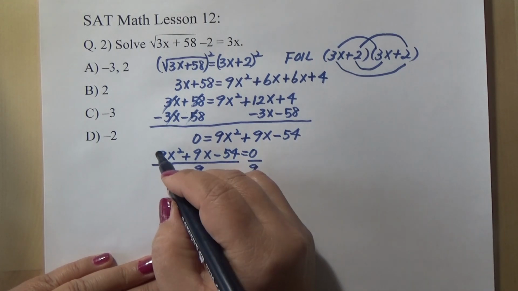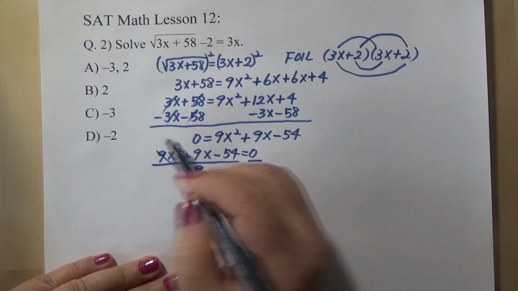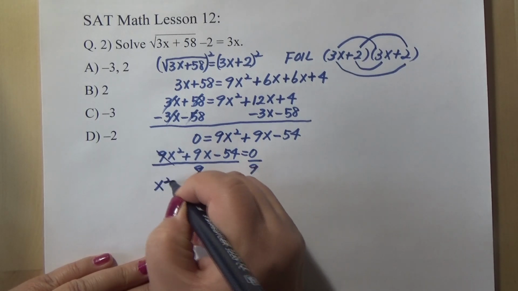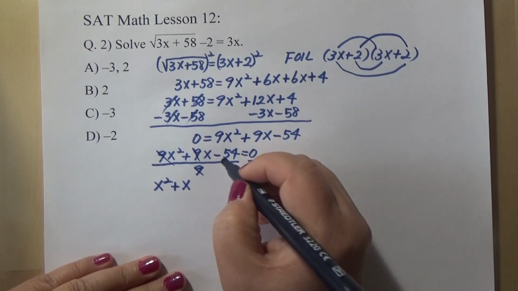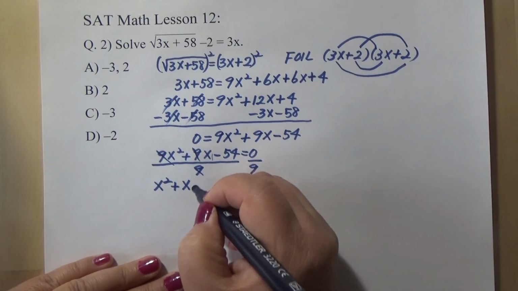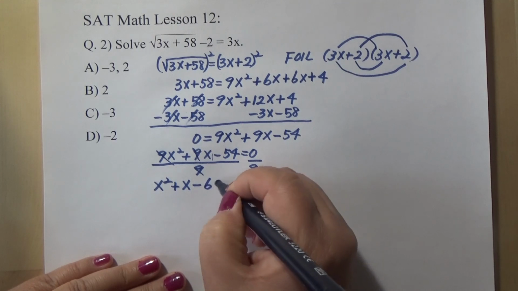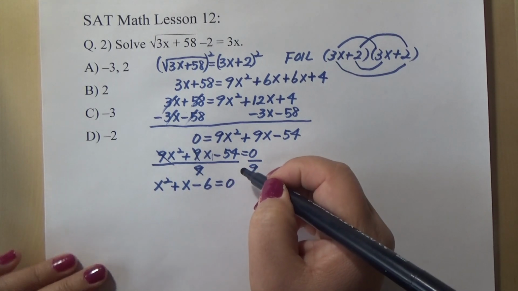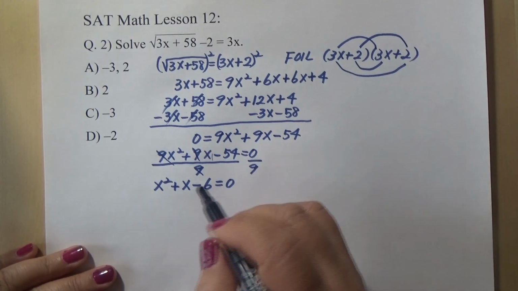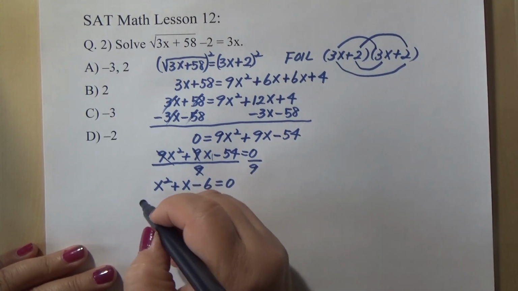Okay? So 9 divided by 9 is 1, and the x squared. And this is also 1 plus x. And negative 54 divided by 9 is negative 6, which is equal to 0 divided by 9, which is 0. And now the factoring is going to be easier.